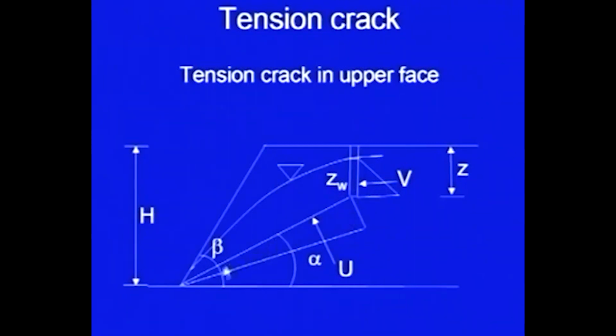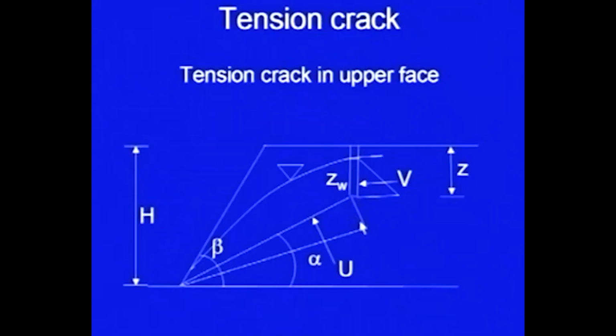For the inclined surface, we considered the pressure diagram which has this ordinate the same as this, because at any point the water pressure in all directions will remain the same.